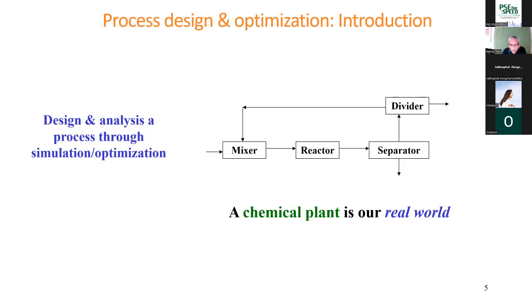So what we do in process simulation optimization is what you see in the figure, a simple process flow sheet. All chemical processes have mixer, reactor, separator, divider. So it's a typical chemical process.